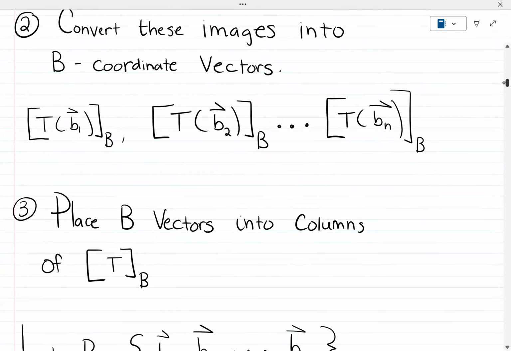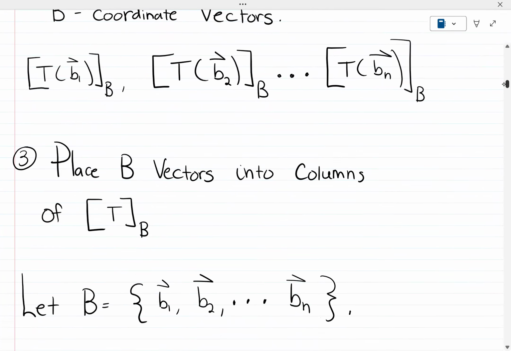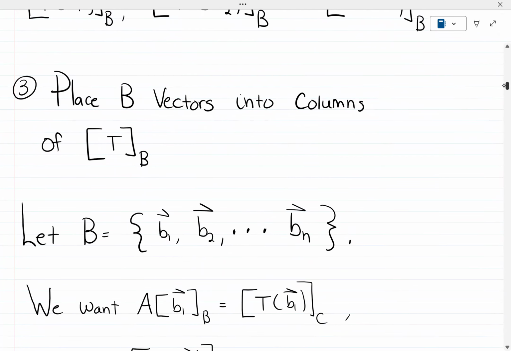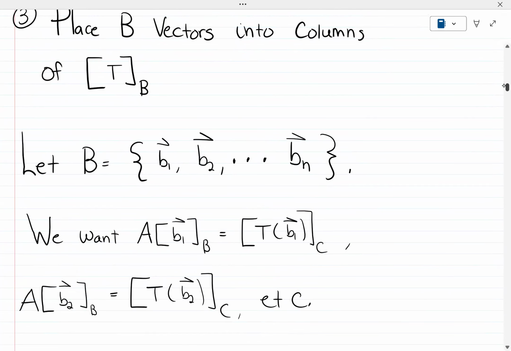Step 3, place these vectors into the columns of the matrix. Let B be the basis b1, b2, ..., bn. What we want is A times [b1]_B equals [T(b1)]_C, and A times [b2]_B equals [T(b2)]_C, etc.